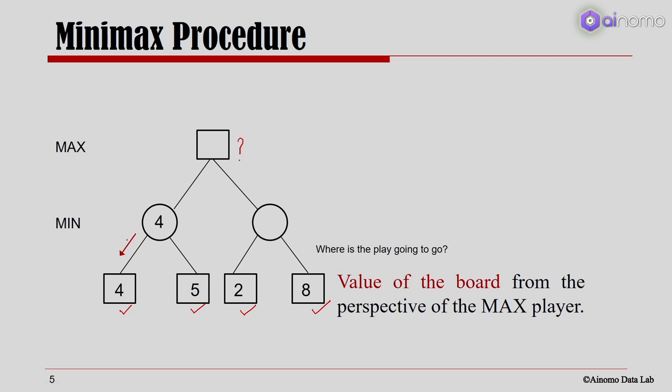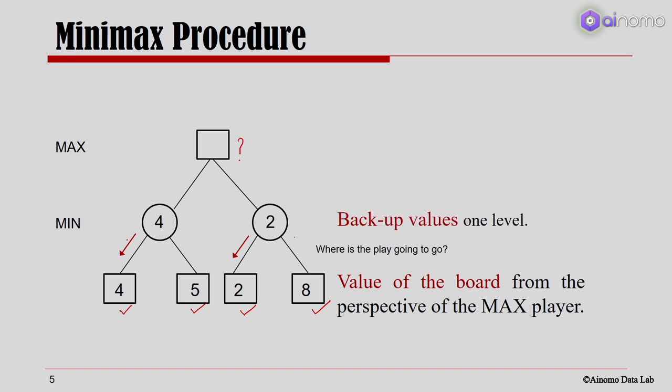Now, going by that same logic, at this other node Min has two choices. Either he plays towards this board or he plays towards this board. Playing towards the left would give him the minimum that he is seeking, and therefore he will go to the left, and this node that he will back up is with 2.